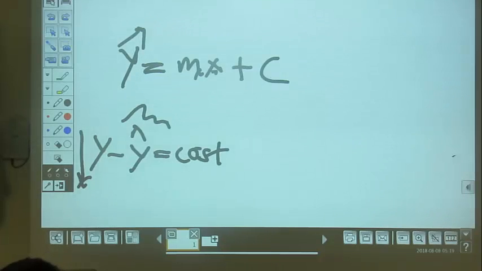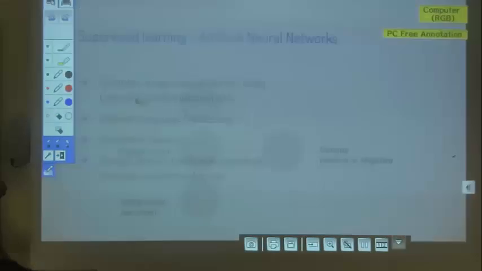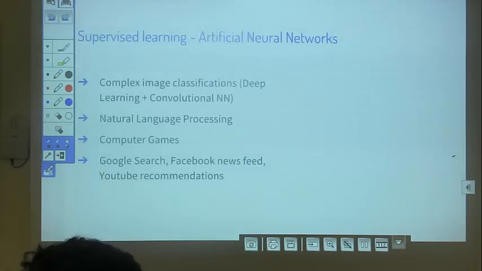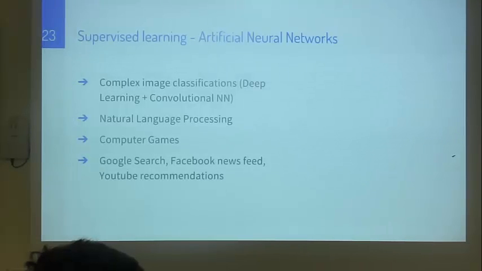That's the best that we can do for our model. So that's a very simple example. If that doesn't go into your head, don't worry about it right now. Just go home and check it out.